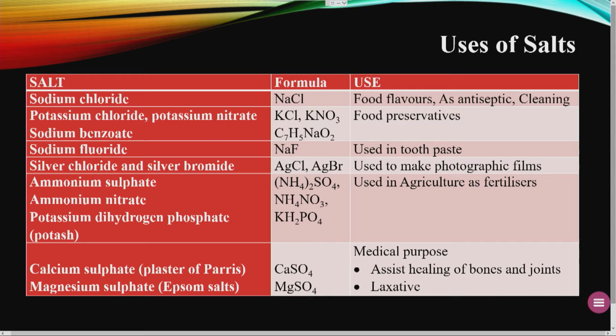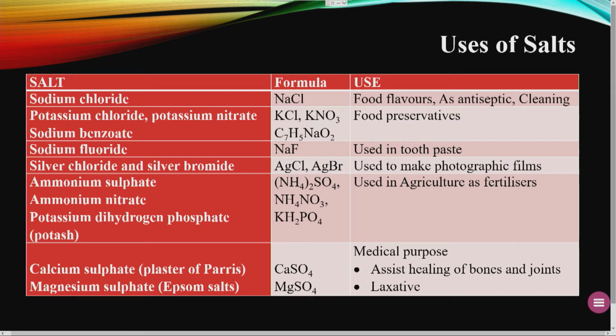Potassium chloride, potassium nitrate, and sodium benzoate are all used as food preservatives. Note that sodium chloride is also used as a food preservative, but not as much as potassium chloride, potassium nitrate, and sodium benzoate.